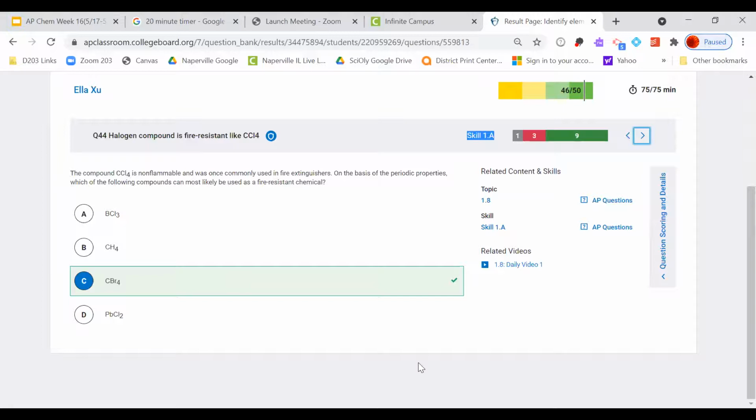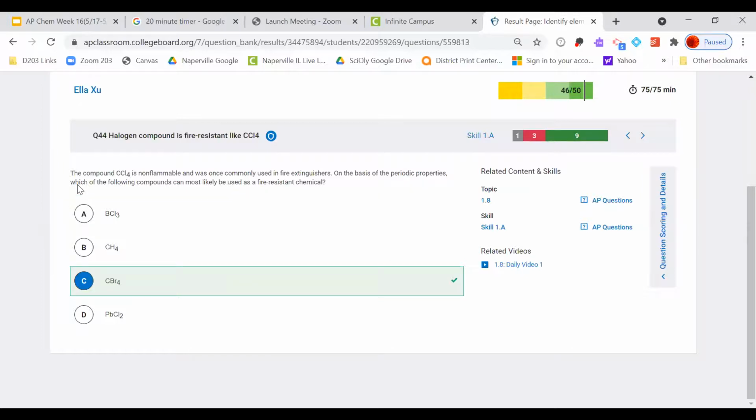They're both halogens. So you see how they say on the basis of periodic properties. Periodic properties means it's in the same column on the periodic table. They're going to have similar properties. Oh. Okay. Wow, that was a lot easier than I thought it would have been.